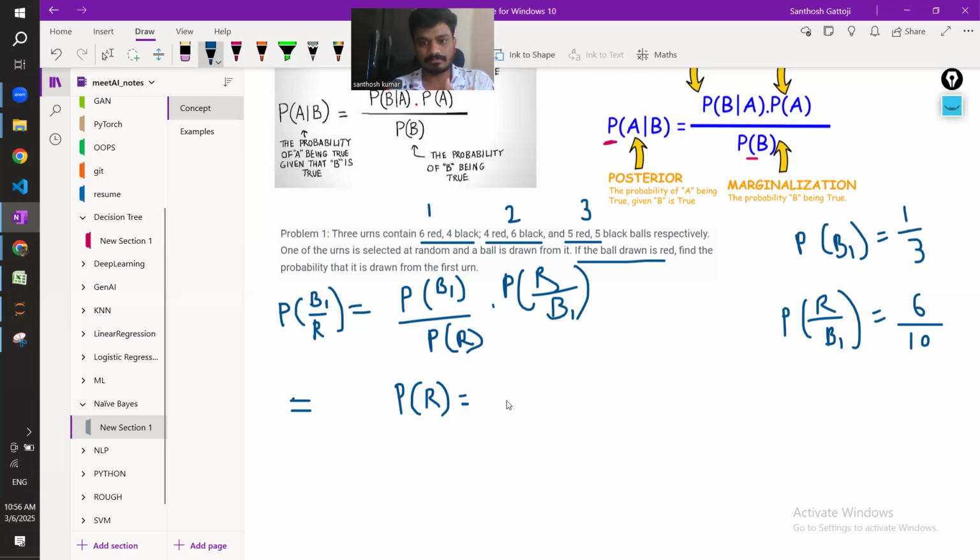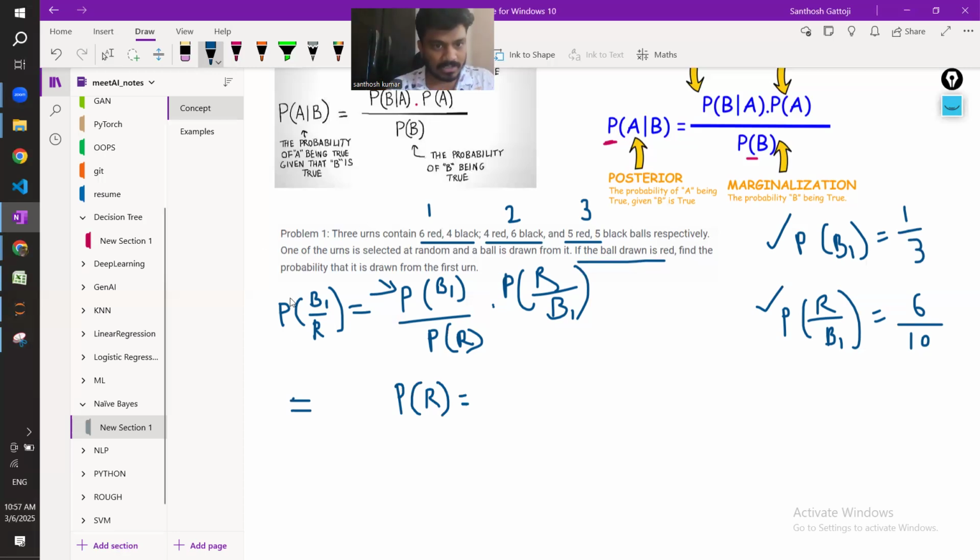But they have given you here box one, right? But we don't know that. This we need to find out. To find out, this is the formula. Probability of B1 we already found out. Probability of R given B1 also we know. Now probability of red is what?